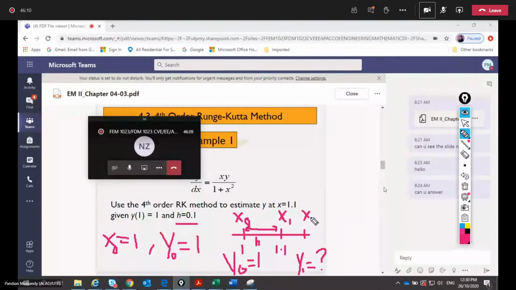This one is x2. x2 is 1.2. You can put 1.2 and then look for y2. This is a challenging part. So like this, you have to do quite a number of iterations. The word iteration is missing in the slide. You can write it down.